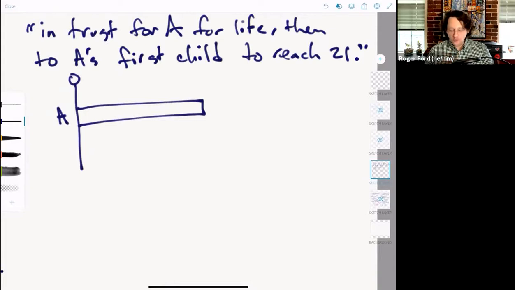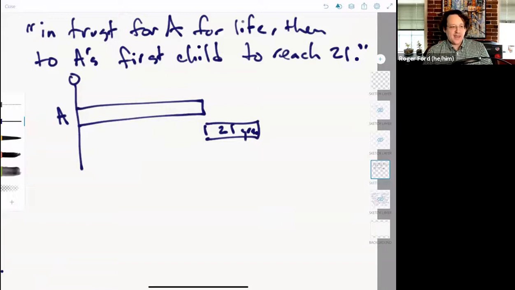And we will always know that within 21 years of A's death, right? Because A can't have kids after A is dead, setting aside the frozen sperm scenario, which we'll ignore because it didn't exist in the 1600s. Any child of A will necessarily reach age 21 within 21 years of A's death.